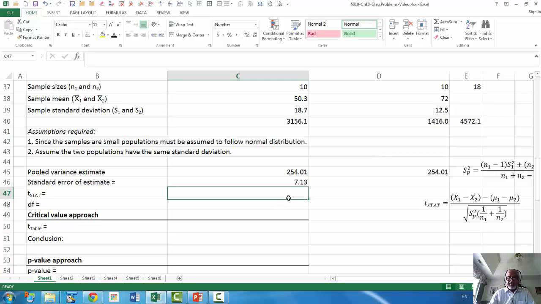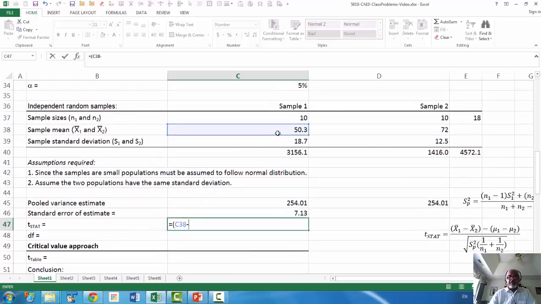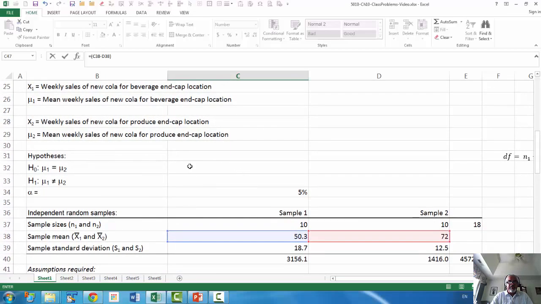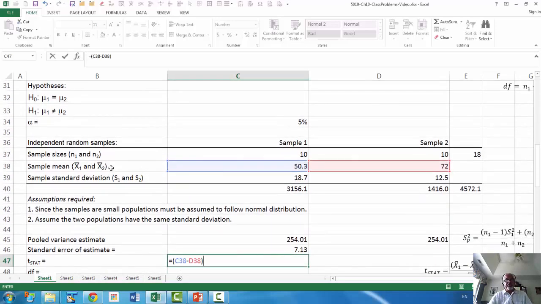So then the T stat is x bar sub 1 minus x bar sub 2. Now we need to subtract the hypothesized value for that difference, which is the value of the difference in the hypothesis, and that is 0.